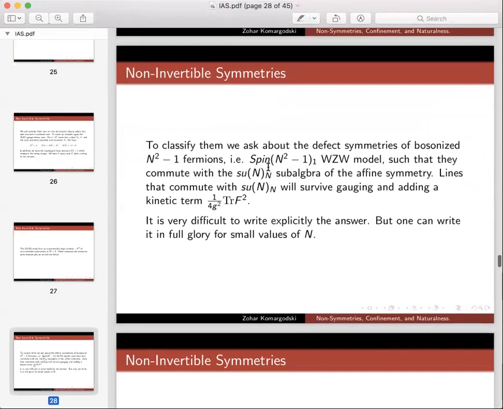Okay, so how do we classify the defect symmetries of this system? The problem reduces to a problem in representation theory or fusion algebras, which is the following. First, you take your n² - 1 adjoint fermions and convert them to a bosonic model, which is the spin n² - 1 level 1 Wess-Zumino-Witten model.